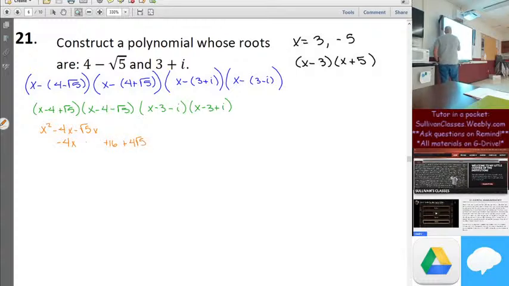Square root of 5 times the stuff is plus square root of 5 x minus 4 square root of 5 minus 5. x squared minus 8x. Cancel down, 16 minus 5 is 11.